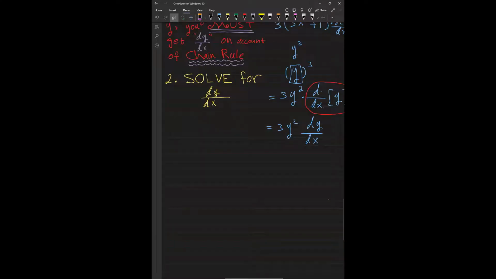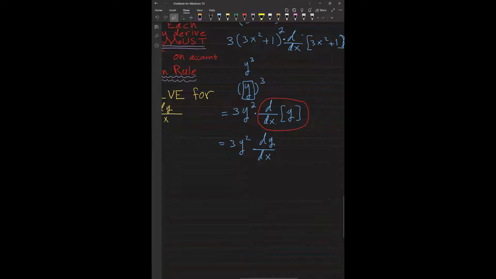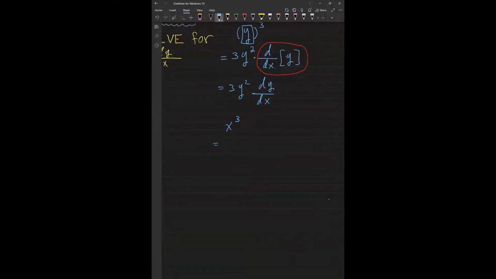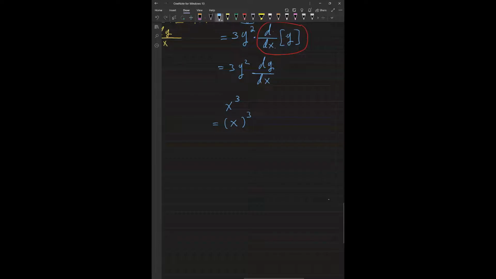Well, some might say, why don't you do the same with x? Let's try it. That's x cubed, the same as x to the third power. Now do the same thing: multiply, subtract, 3x to the second power.